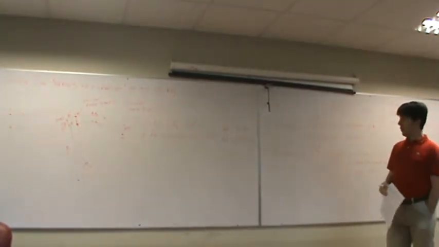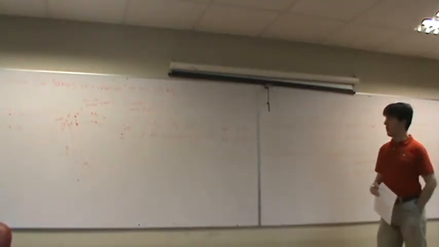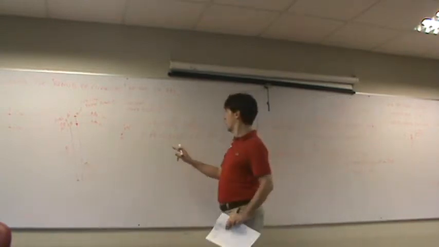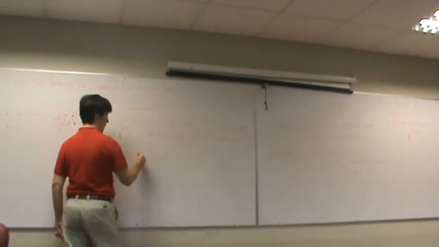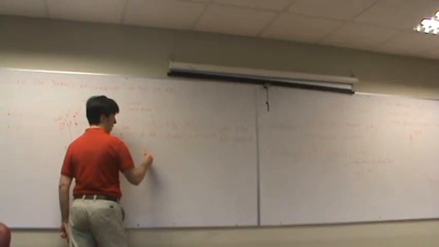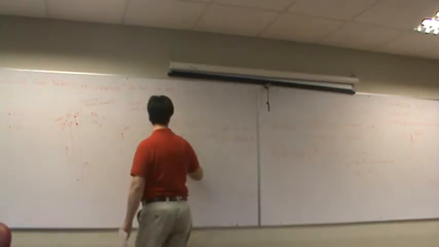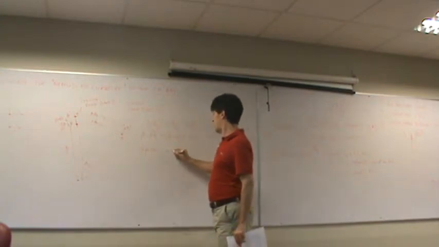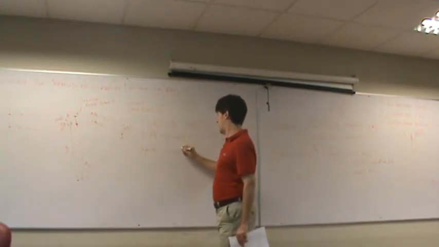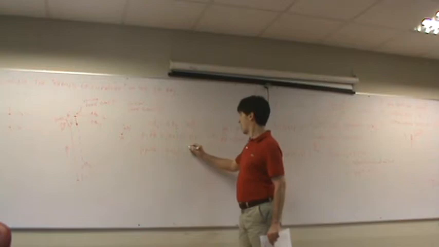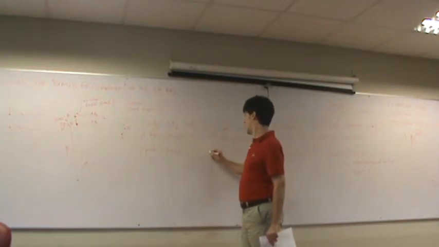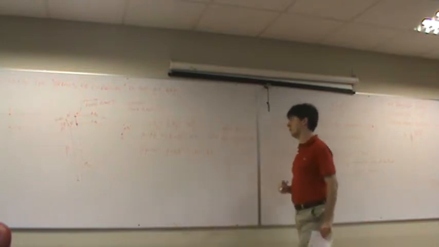Okay, so now we put those values into our equation and we get beta rho delta alpha must be equal to beta plus delta beta times rho plus delta rho times delta alpha.